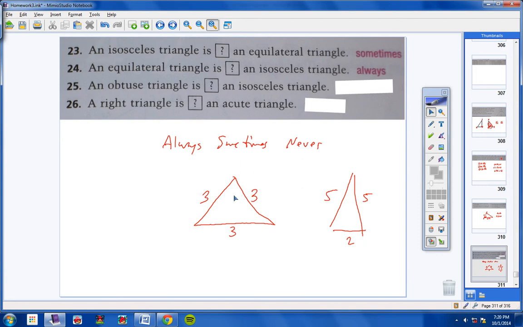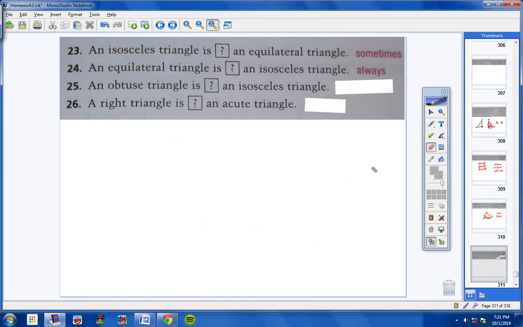Okay, number 25. An obtuse triangle is an isosceles triangle. Now, let's think about this for a second. Can you draw an obtuse triangle that is not an isosceles triangle? Well, sure. Here's a really big angle there, bigger than 90.